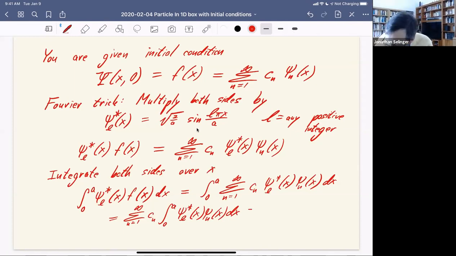Now let's remember what these psi L and psi n are.